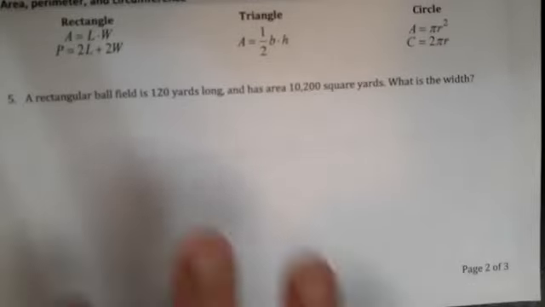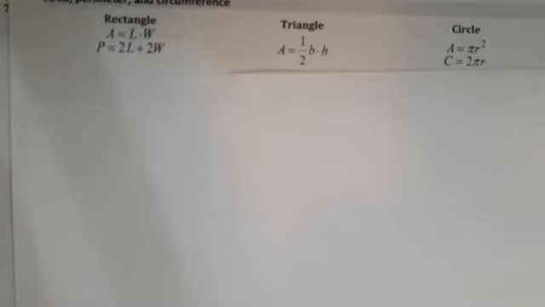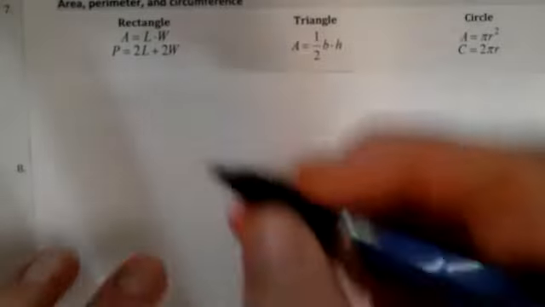And so that is rectangles. Area is length times width, and the perimeter is 2L plus 2W. The next thing we're going to talk about is triangles. For triangles, they give you 1/2 base times height. I want to ask you if you know where that's coming from. One way to think of this is that we know a rectangle is length times width.